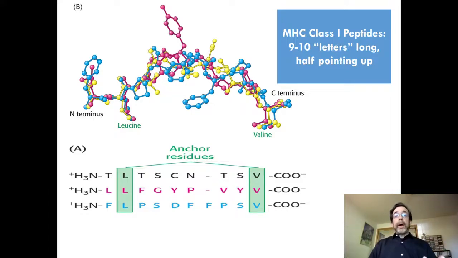And by the way, you'll notice they're the same length. They're each 9 to 10 letters long. And this makes sense because remember the MHC bucket, the leucine and the valine are pointing down into the bucket. And so the bucket has two little pockets that bind leucine and bind valine. These don't have to fit perfectly, they just have to fit well enough to work.